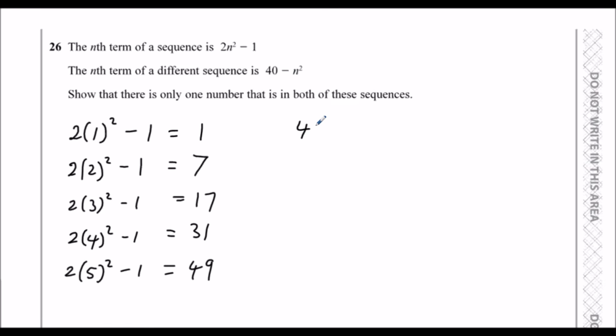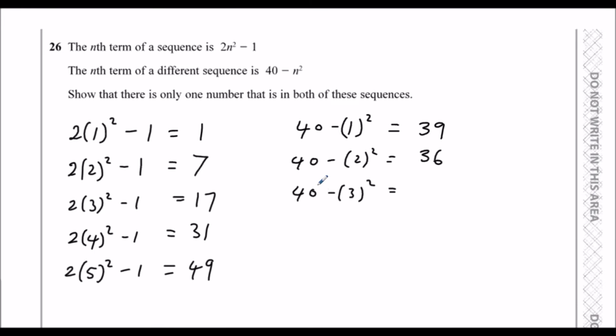So for my second sequence, it's 40 take away 1 squared, which is 40 take away 1, which will be 39. 40 take away 2 squared, 40 take away 4 is 36. 40 take away 3 squared, 40 take away 9, 31. We've got 40 take away 4 squared, 40 take away 16 is 24. 40 take away 5 squared, 40 take away 25, which is 15.